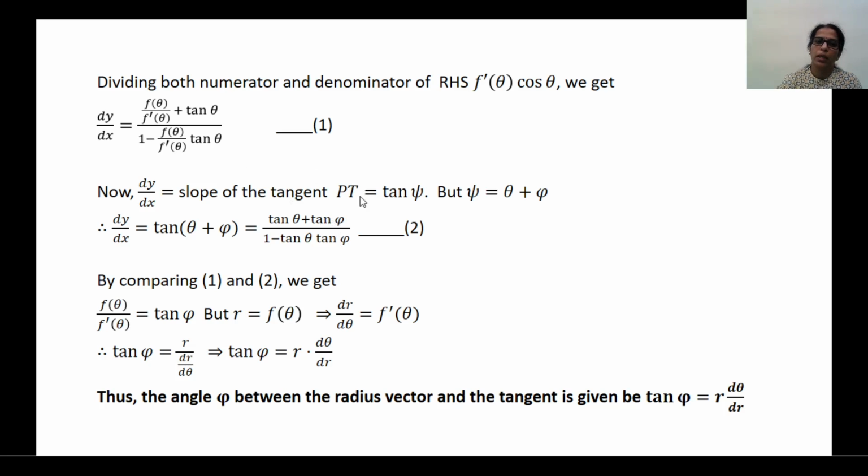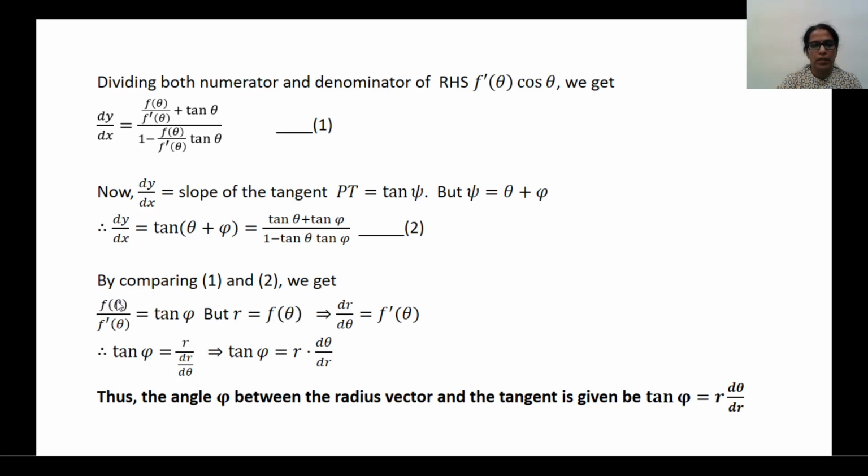So now comparing equation 1 and 2, we can write f of theta divided by f dash of theta is nothing but tan phi. But the curve equation is r equal to f of theta. Now differentiate this with respect to theta. dr by d theta equal to f dash of theta. And f of theta is nothing but r.